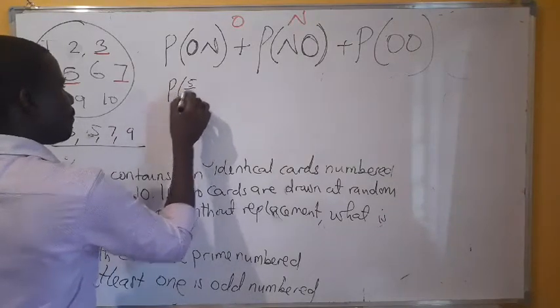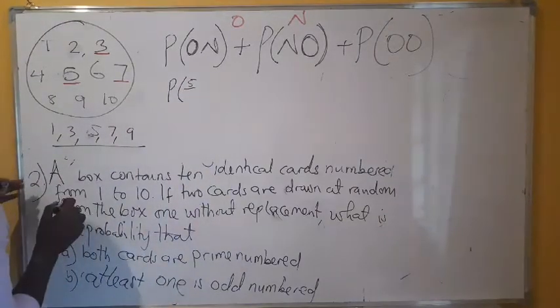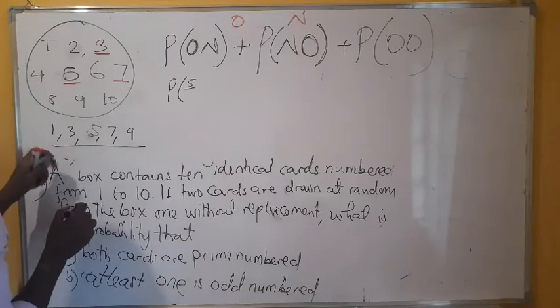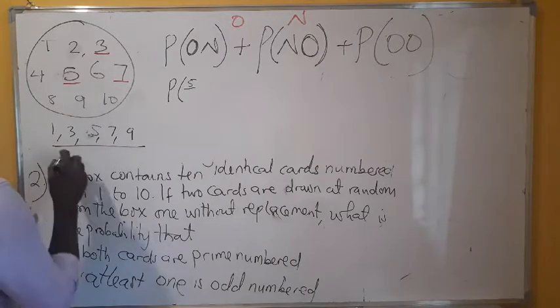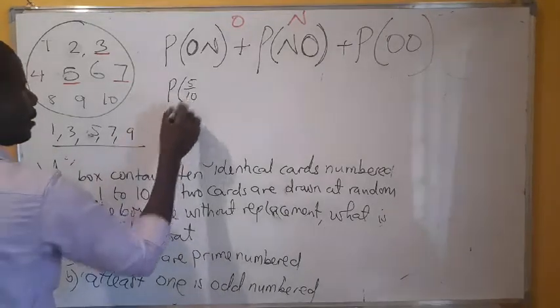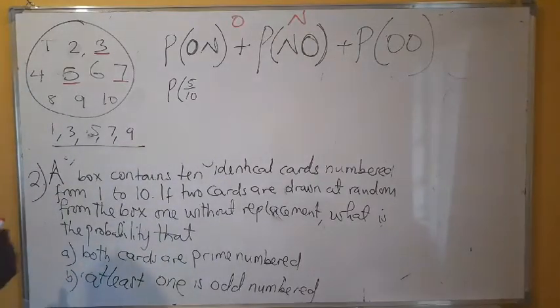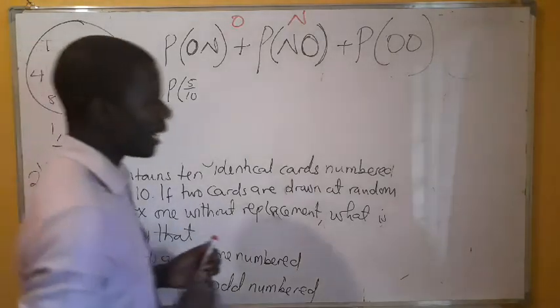The probability of not having an odd number is 5 over 10. So you can have the probability where the first one is an odd number and then the other one is not.